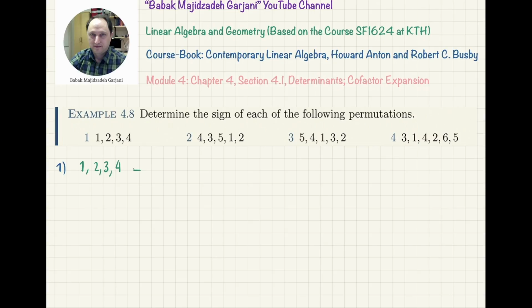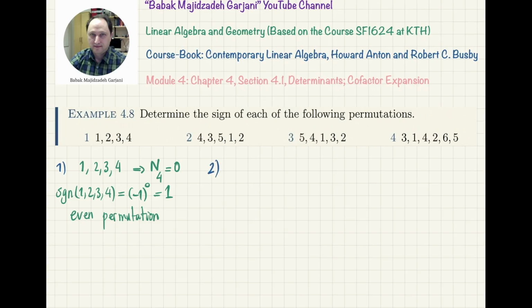So what I can conclude is that the minimum number of transpositions that I need to apply on this permutation to put it in natural order is indeed 0. This 4 stands for the 4 numbers. Okay, so then what can I write? I can write the sign of 1, 2, 3, and 4 is equal to -1 to power 0, which is 1. So this is an even permutation. Even because the sign becomes +1. Okay, so you see it's very simple.